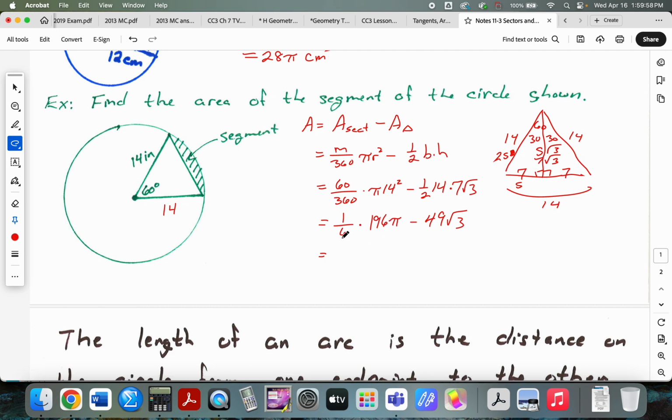The 196 and the 6 are both evenly divisible by 2, so I'm going to do that to simplify this. This is 98, and this is 3. So the exact answer is 98 pi over 3 minus 49 square roots of 3 square inches.